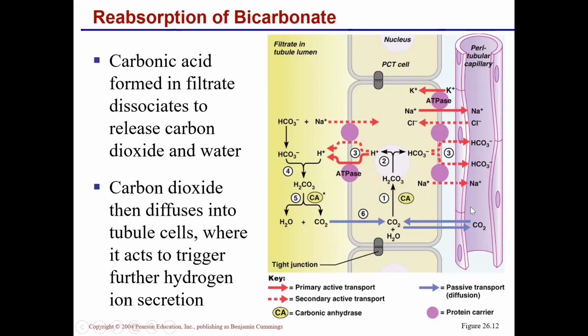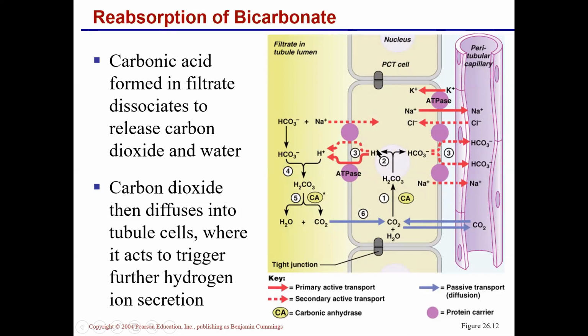When we talk about hydrogen secretion, that is another function of the urinary system. Secretion is defined as actively getting rid of something from the blood into the filtrate. That is called secretion. Okay, so let's look at this mechanism.